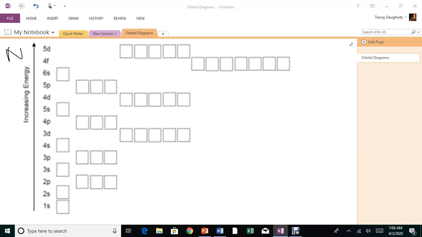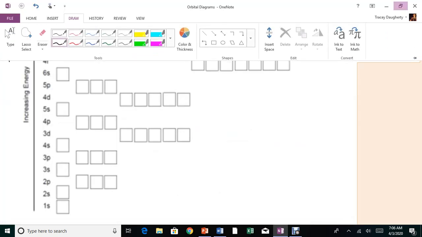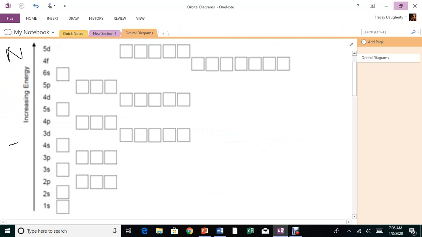So if nitrogen has 7 electrons, we're going to start with the 1s, and the first electron is an up arrow in the 1s. The second electron is a down arrow in the 1s. And then we keep filling.